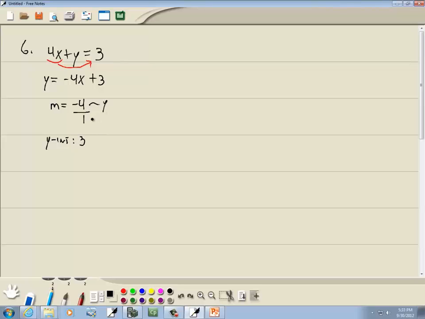Well, remember this is a change in y over the change in x. Negative 4 means I'm going to go down 4. Positive 1 means we go right 1. So let's draw this.